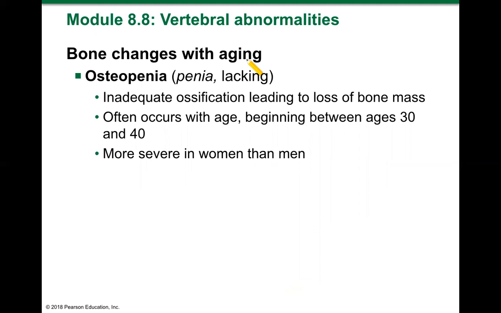Osteopenia is when ossification has an inadequate amount of osteoblast activity, and so you're going to lose bone mass. This often occurs between ages 30 and 40. I can attest to this. The last time I had an x-ray, they showed some of my bones were osteopenic, meaning it's starting to degenerate. The bone is losing mass.